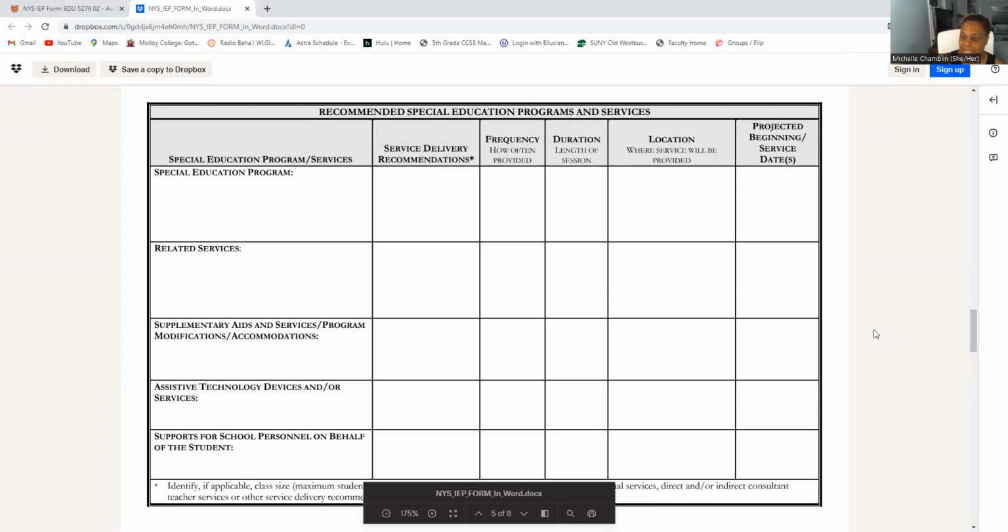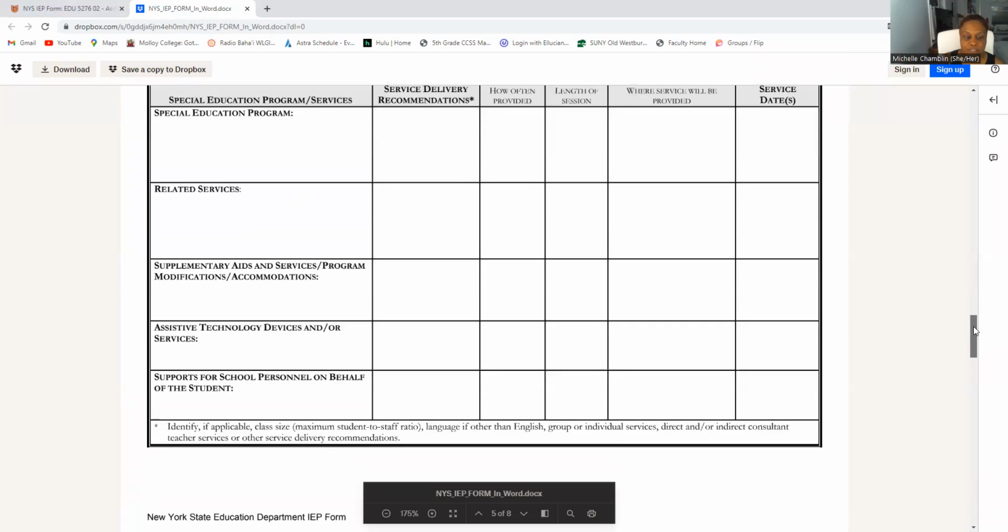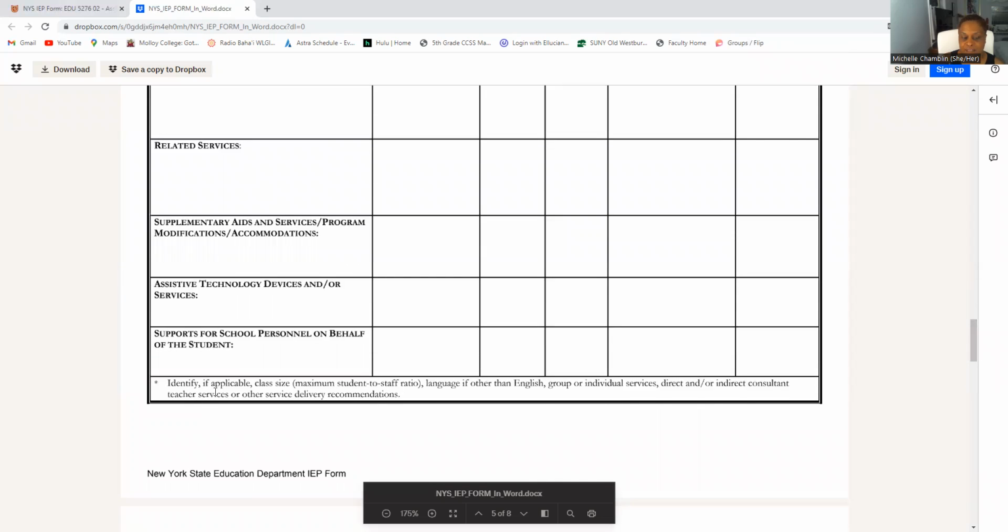You see this asterisk, we move down here and it says identify, if applicable, class size, maximum student to staff ratio, language if other than English, group or individual services, direct or indirect consultant teacher services, or other service delivery recommendations.